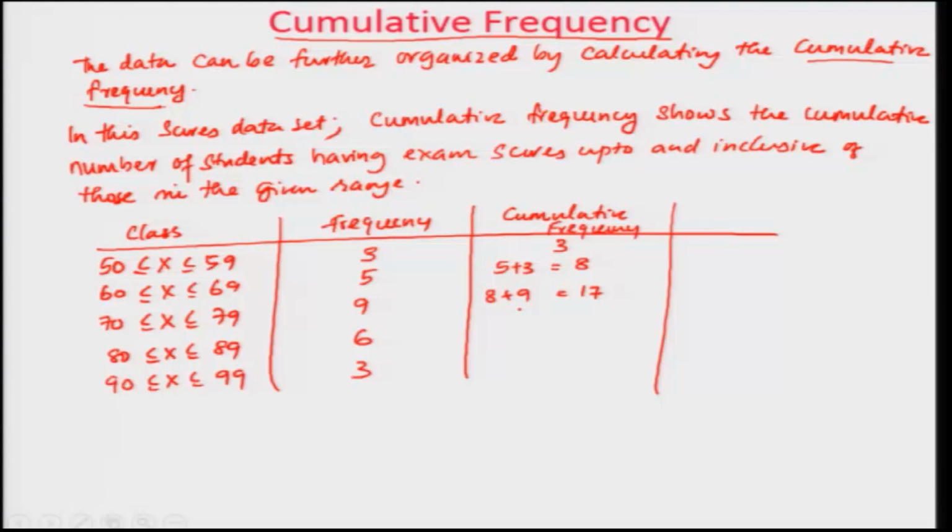Another way to say it is: the previous cumulative frequency is 3, and adding the frequency belonging to the current class gives 8.